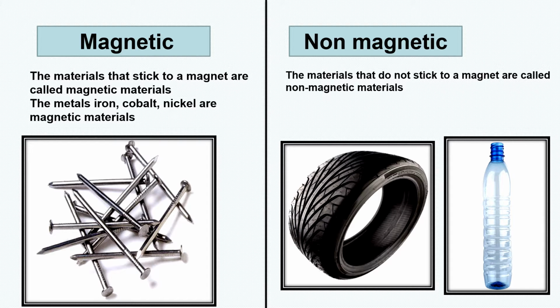They can easily stick to a magnet. Non-magnetic material examples, shown here on the screen, are rubber, plastic, wood. These do not get attracted to or stick to magnets.